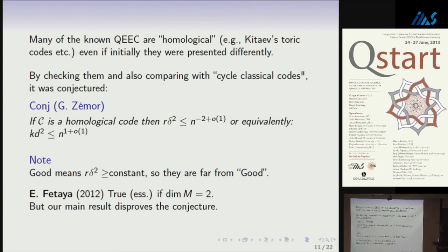Zemmour's conjecture was that if C is a homological code, then R times delta squared is always less than n to the minus 2 plus little o(1). So which means that when n goes to infinity, little o of 1 means that this goes to 0.